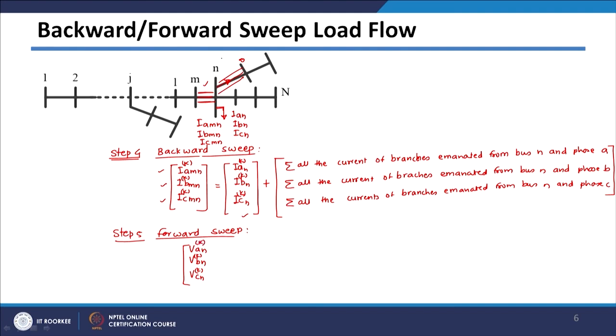So say this is this node N. So at this node the voltages, A phase voltage will be VAn, B phase voltage will be VBn and C phase voltage will be VCn. They will be calculated based on voltages of the earlier node, that is node M, which is basically VAm, VBm and VCm.